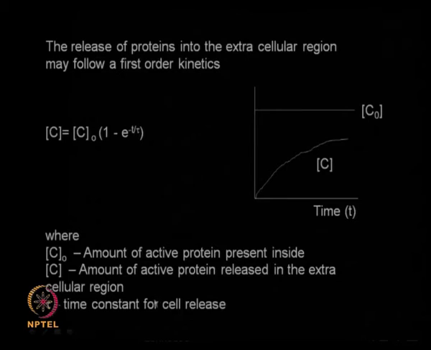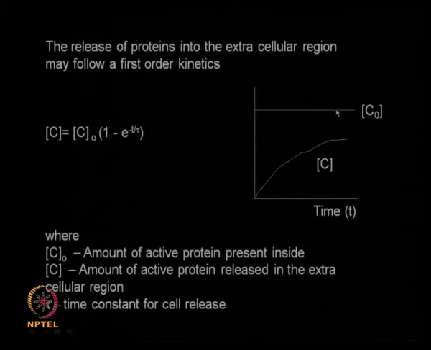Tau is the time constant for cell release, or tau is also related to the rate constant. This is a first order relationship. So you can have C equal to C naught multiplied by 1 minus e to the minus kt also, okay, because this is a first order relationship.